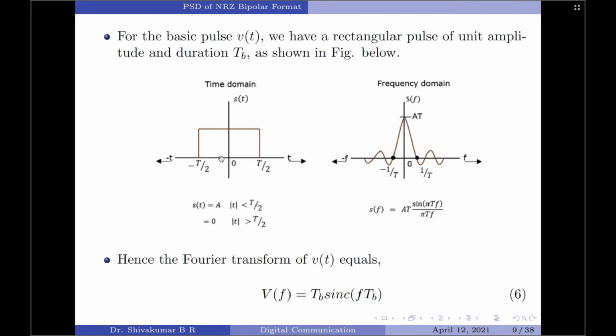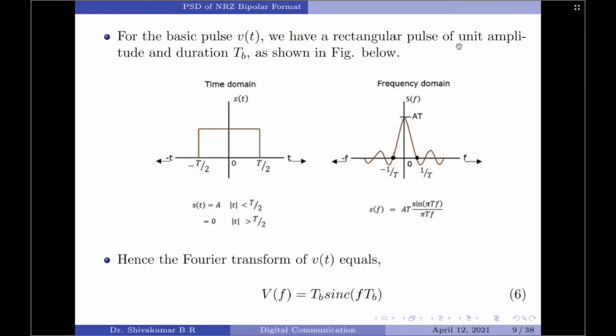Now, since it is a rectangular pulse, the Fourier transform of the rectangular function is the sinc function. So this represents the Fourier domain representation of the basic pulse v of t. Now you can see here this is a representation for v of t in the Fourier domain, which is given by capital T sin of pi capital T f divided by pi capital T f.